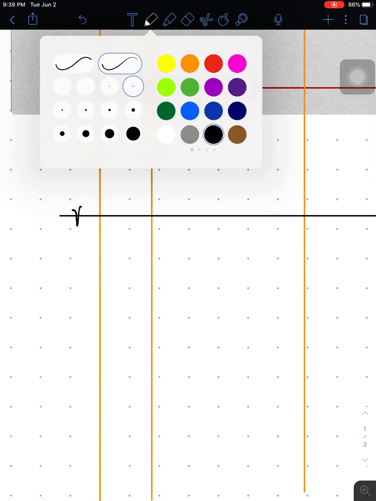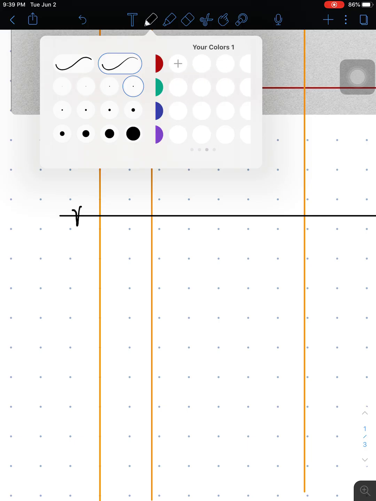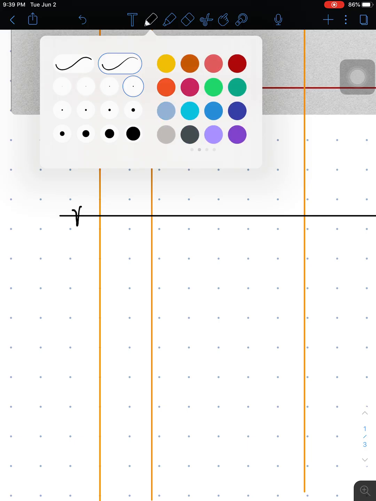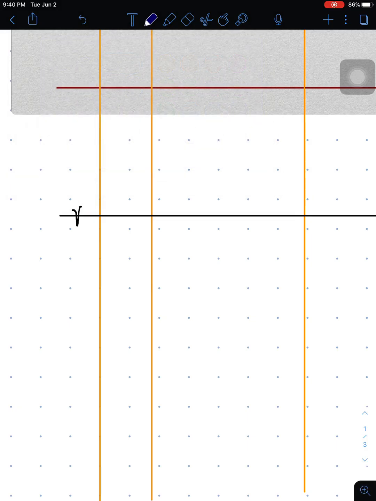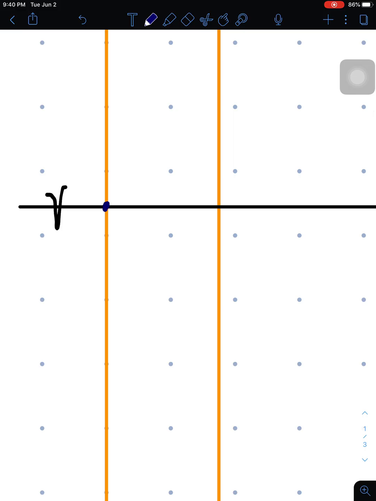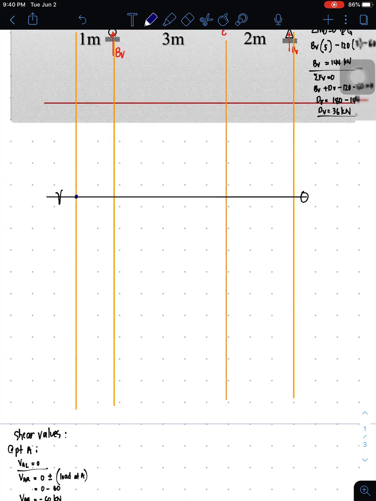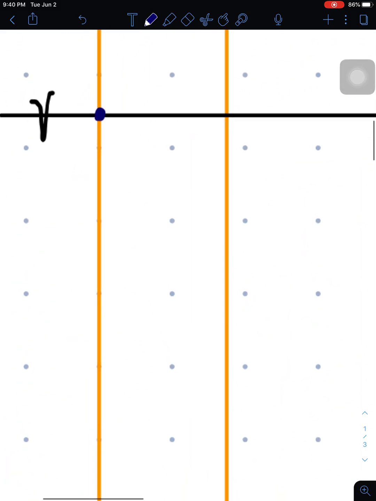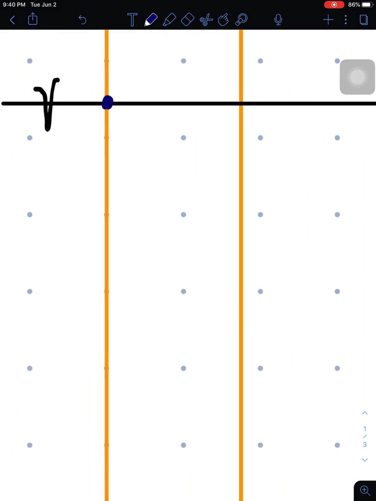Okay, so get the tagline color. This one here. This is 0 at A, and then the next thing is negative 60 here.